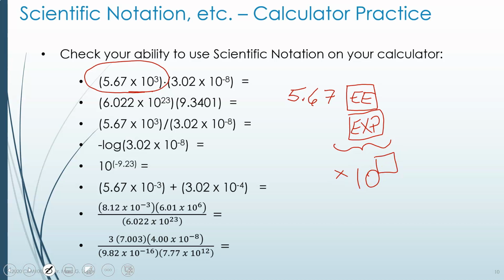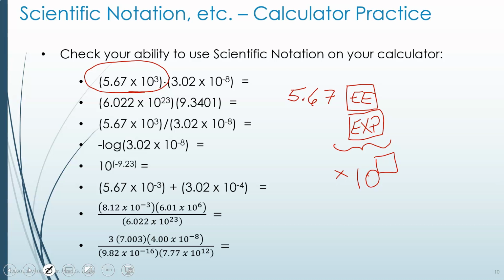something power. So you do not need to hit times. You do not need to hit 10, and you certainly don't need to use the 10 to the x button. Please don't ever use the 10 to the x button for inputting scientific notation. It will work sometimes, like in the second problem here, but it will not work in other times, like the first and third problem here.